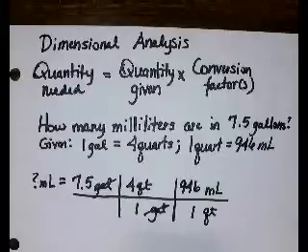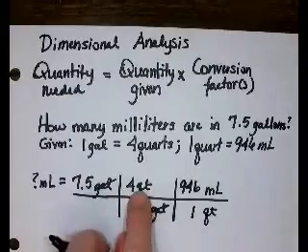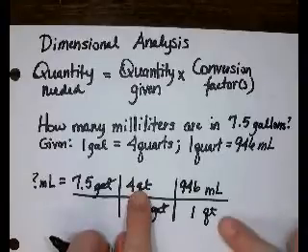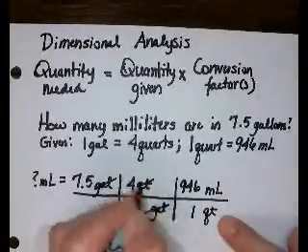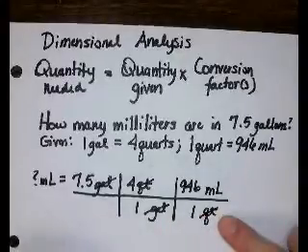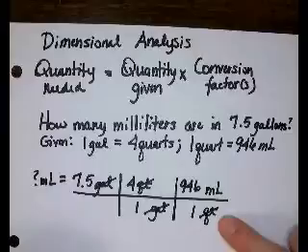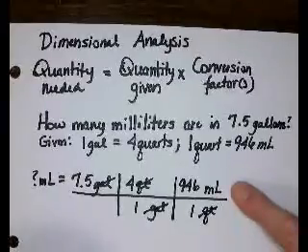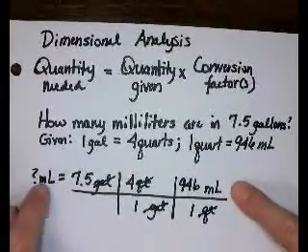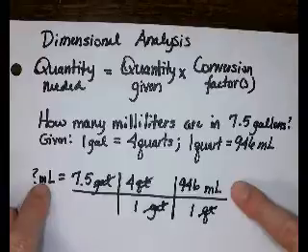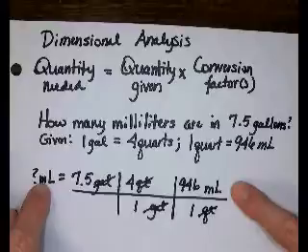And so I look at my work now, and I see that I have quart in the numerator here, quart in the denominator here. I can cancel the quart. After I cancel the quart, I am left with milliliters. Milliliters is my goal. It is what I'm trying to obtain. So I seem to have done the dimensional analysis correctly.